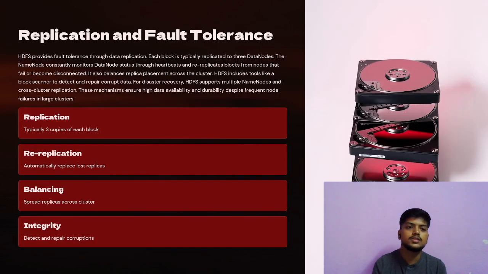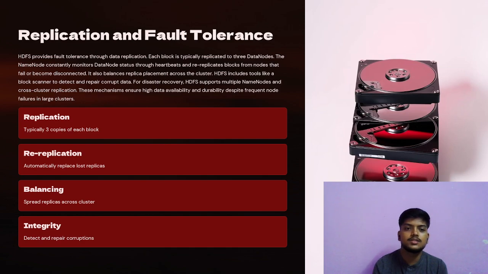Replication and fault tolerance. HDFS provides fault tolerance through data replication. Each block is typically replicated to three DataNodes. The NameNode constantly monitors DataNode status through heartbeats and re-replicates blocks from nodes that fail or become disconnected. It also balances replica placement across the cluster. HDFS includes tools like the block scanner to detect and repair corrupted data.